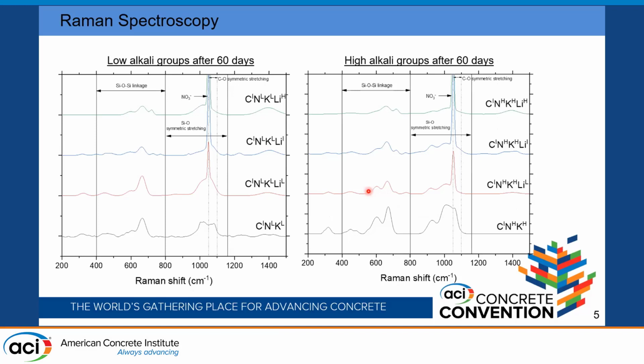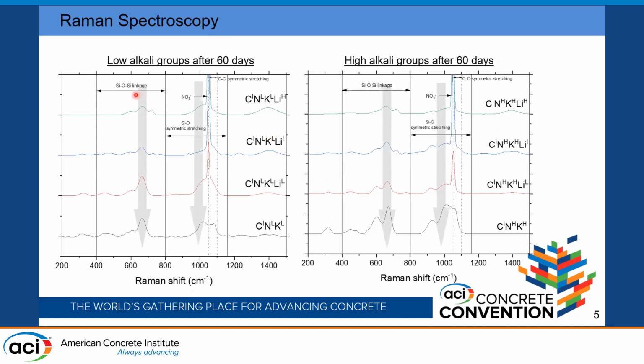So we did Raman spectroscopy on both the low alkali and high alkali groups after 60 days. We can see that the characteristic ASR phases are around 400 to 800 cm⁻¹ Raman shift and between 950 and 1150 cm⁻¹ Raman shift.